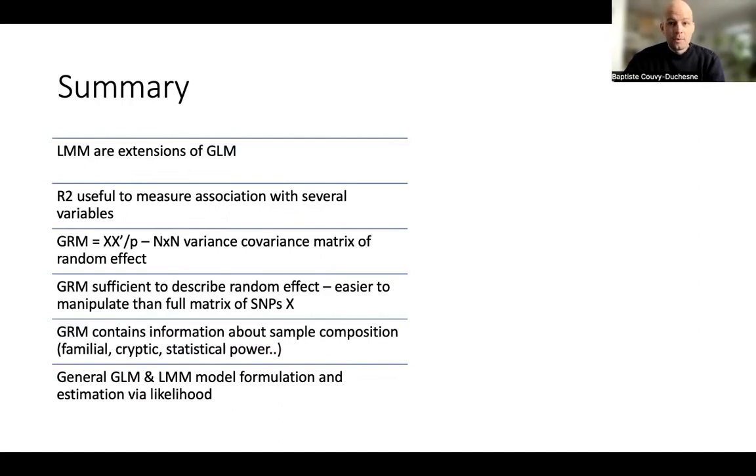And the GRM also contains important information about sample composition, be it familial or cryptic relatedness, but also statistical power. And finally, linear models in general rely on likelihood for the estimation of parameters, which allows for unified statistical testing of the parameters.